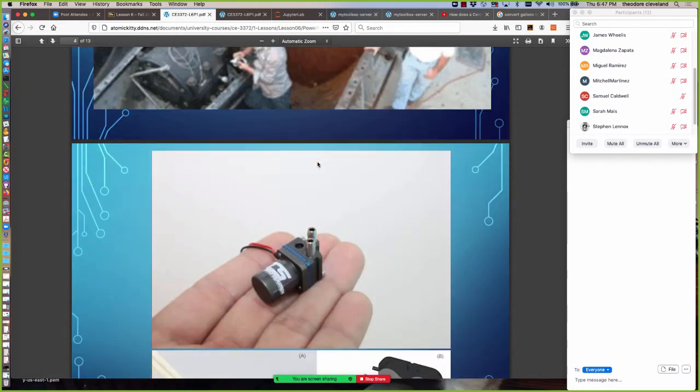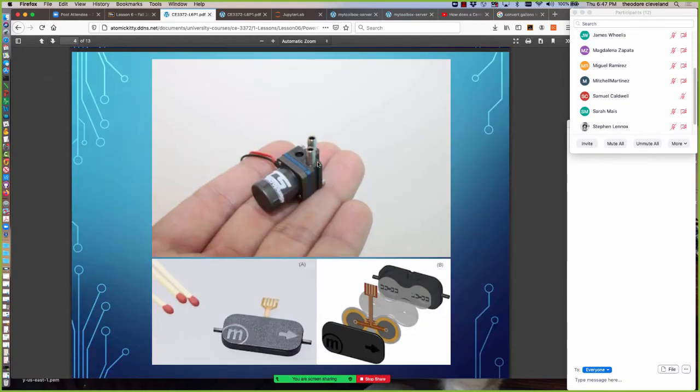Pumps can also be quite small. So here are two photographs and one schematic illustration of very small pumps. This upper one that's in this person's hand, just from the look of it, to me, it's probably a type of diaphragm pump, but it could be a little teeny weeny rotary pump.